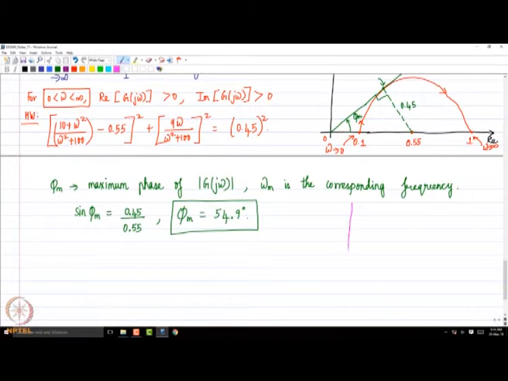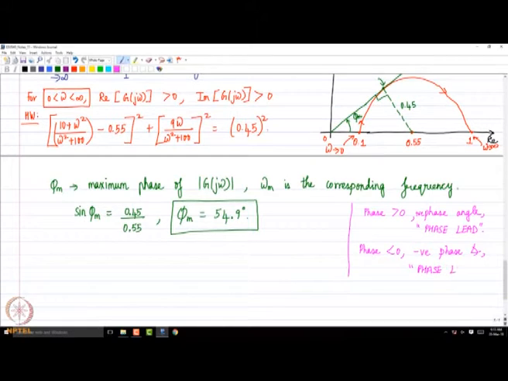If phase is greater than 0, we call it a positive phase angle. It is also called phase lead, or lead factor. But if phase is less than 0, that denotes a negative phase angle. That is what is called a phase lag.